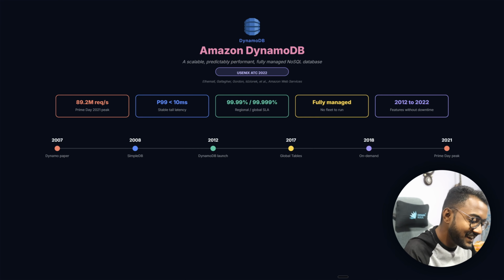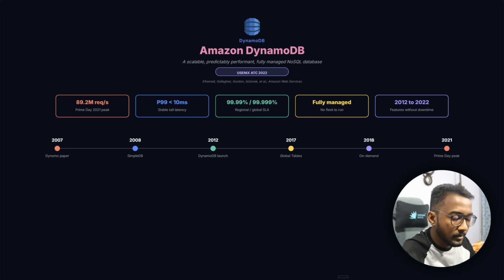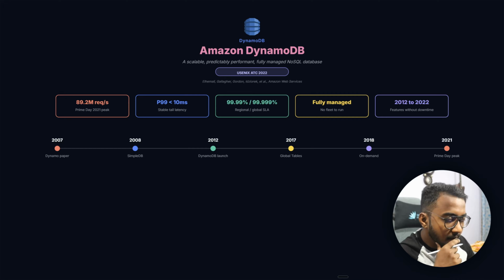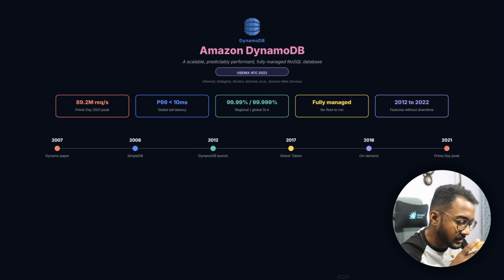And they said they were able to serve trillions of API calls made by, let's say, Alexa, Amazon.com, or different services within Amazon, with high availability and single-digit millisecond response latency. Now, the P99 is supposed to stay in this band as the table grows from megabytes to terabytes.